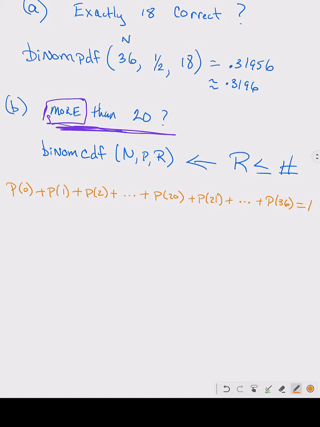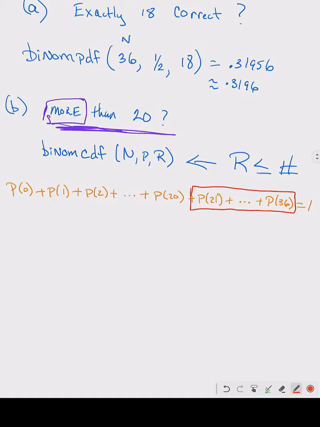All of that equals 1. You add up all the possible probabilities and it equals 1. That's what makes it a distribution. So then I'm going to draw a little box around more than 20.